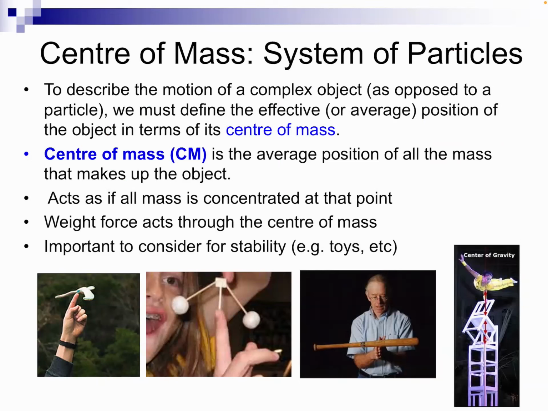Center of mass is defined as the average position of all the mass that makes up the object. In the simplest definition, it's the point in the object where all of the object's mass is assumed to be concentrated. Say this dragonfly here, it's extended, right?